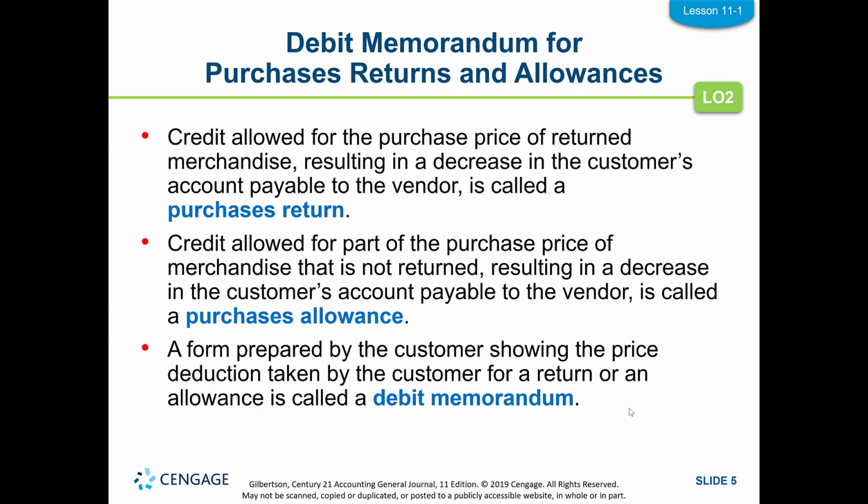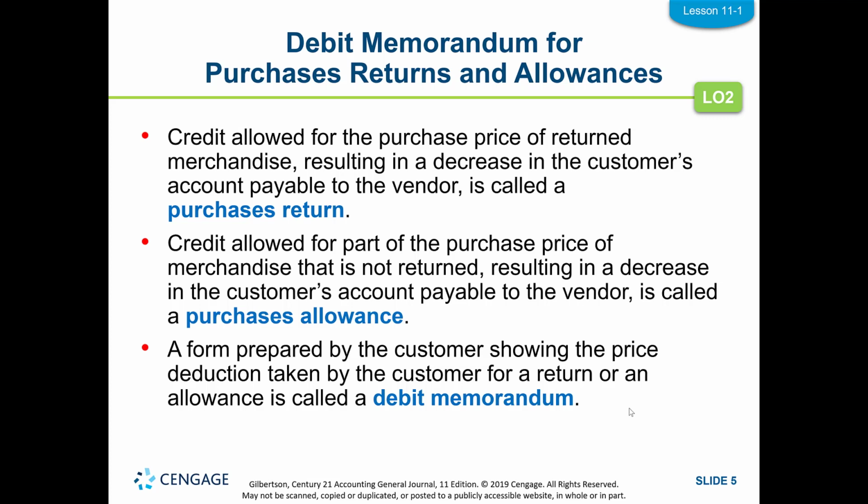So originally when I bought the golf balls, I recorded it using purchases, but I'm returning it now, so I'm going to have a special account called Purchases, Returns, and Allowance. So Purchases Returns deals with the fact that I am returning products that I would normally sell and I don't want them anymore, so it has to decrease my accounts payable to the vendor.